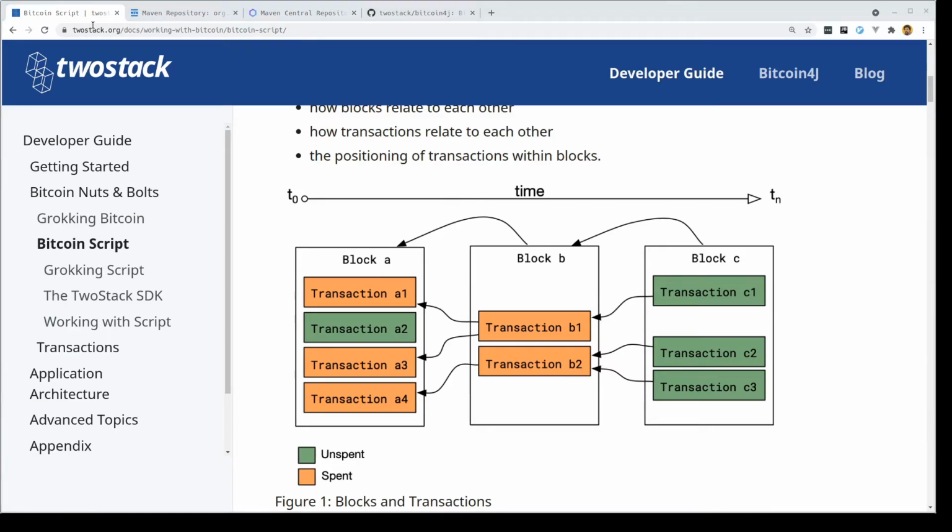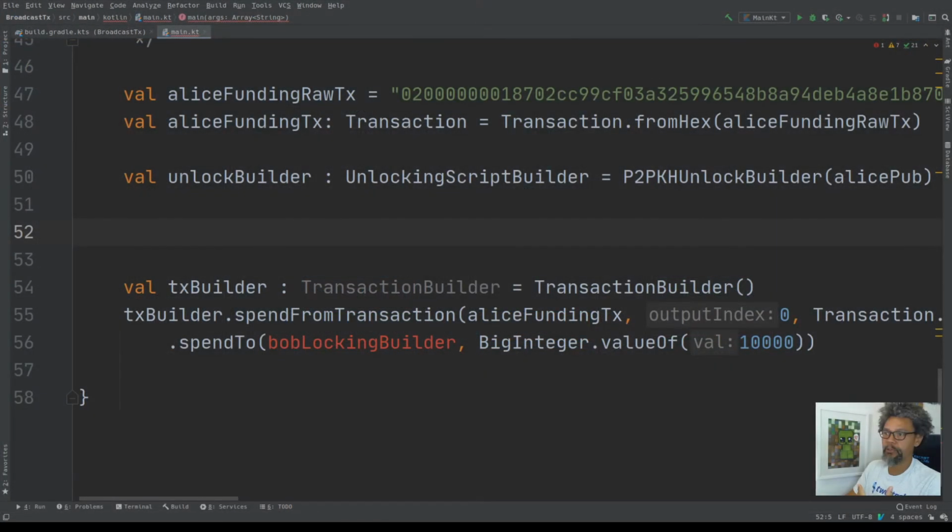Now, if we look at the code that we're constructing, remember that Alice's transaction is the one on the left-hand side. Bob's transaction is the one on the right-hand side. Or rather, the transaction that contains Alice's funds right now is the one on the left.